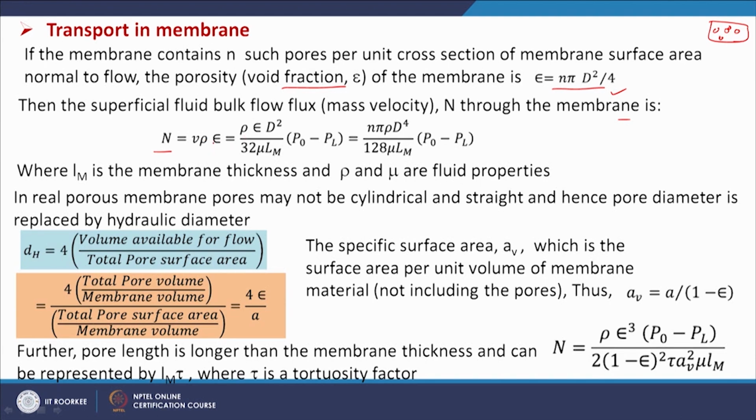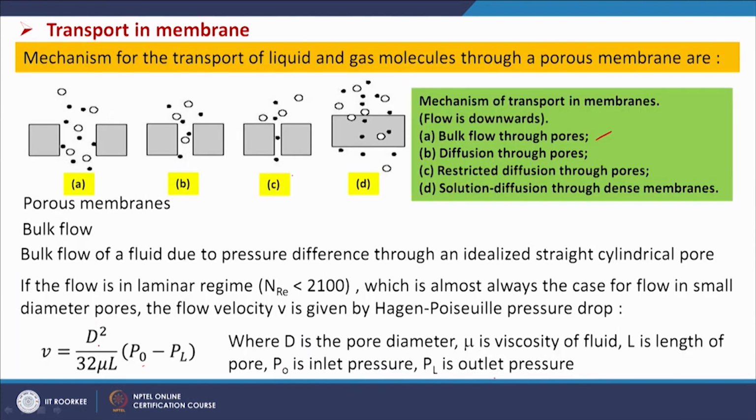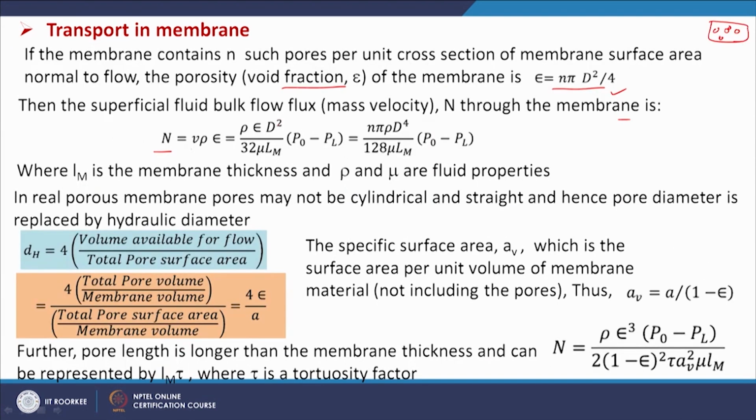So, we will replace the value of V now with the Hazen-Poiseuille expression, V equal to d square by 32 mu L into P0 minus PL, and here rho into epsilon.